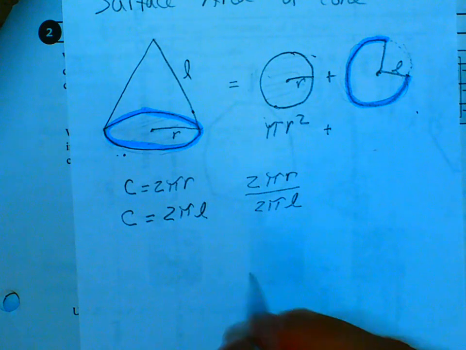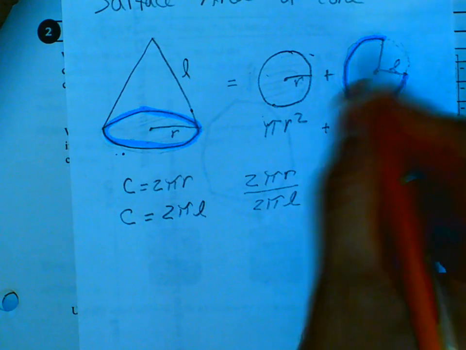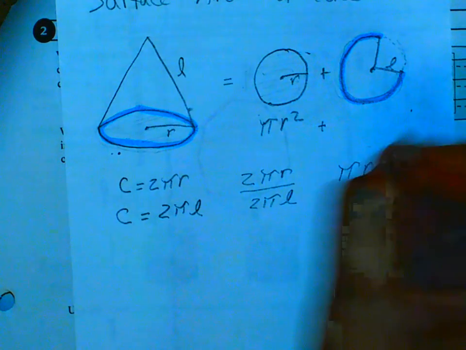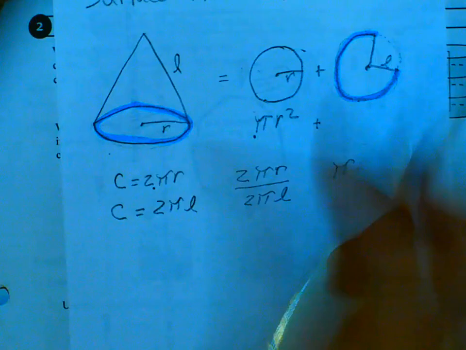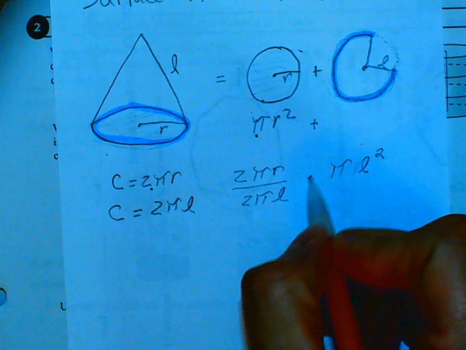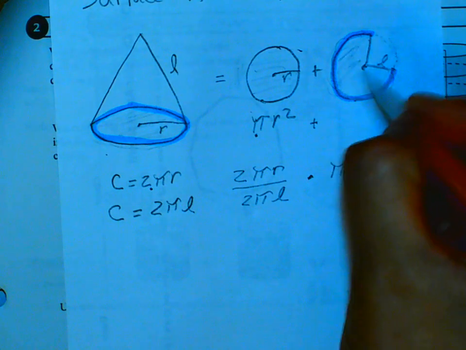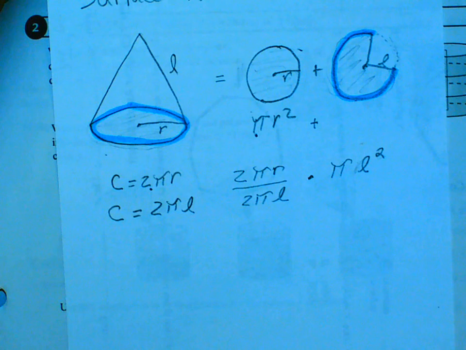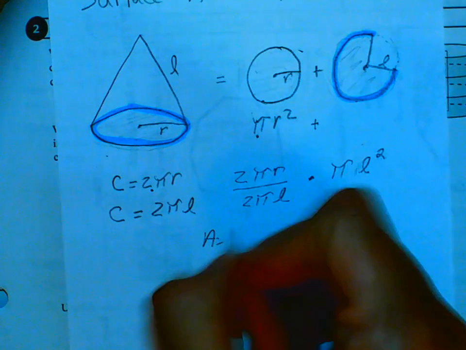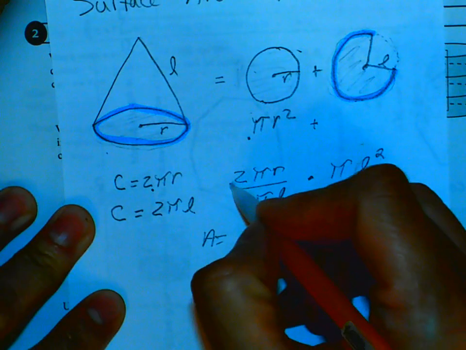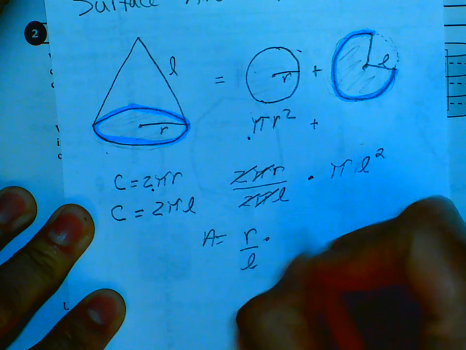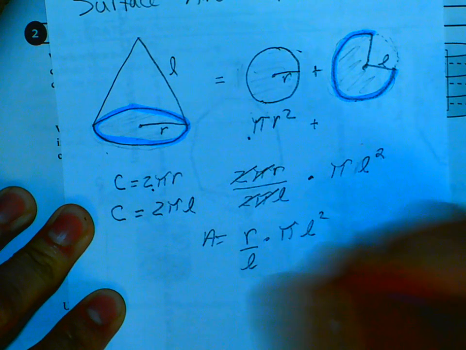Now, the area of this entire circle is pi L squared. If I multiply these two, I get the area of part of that circle. Simplifying, the two pi's divide out, and you're left with r over L multiplied by pi L squared.